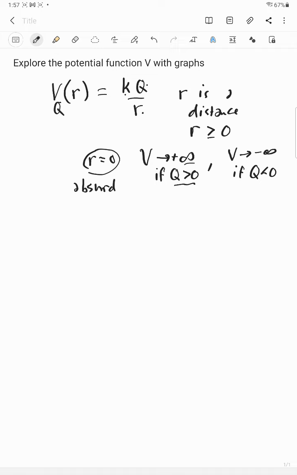But what this is suggesting graphically is, if the charge is bigger than 0, then we can draw the potential as a function of R. Remember that R is strictly positive. So we don't need any negative R axis is what I'm trying to say, right?